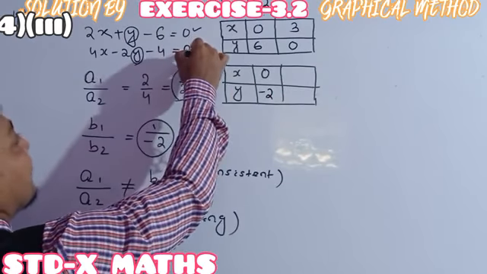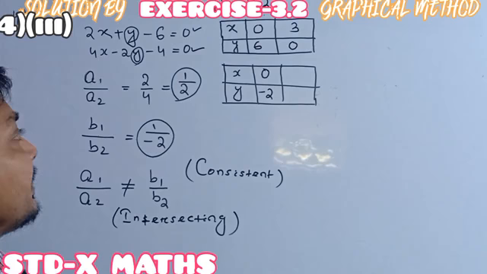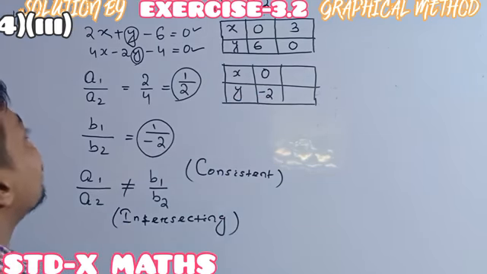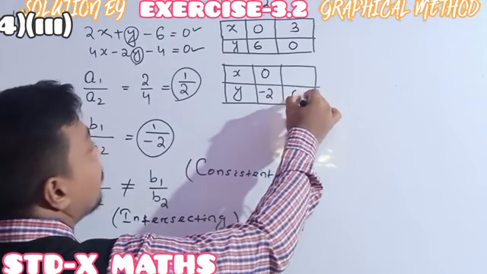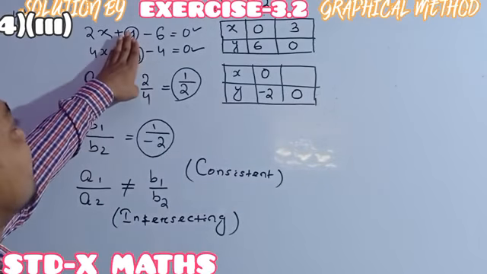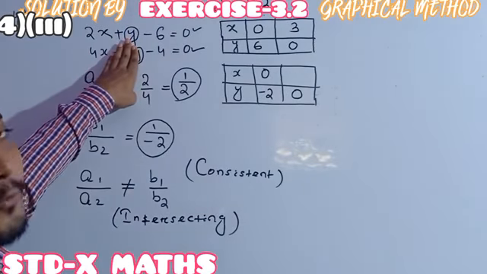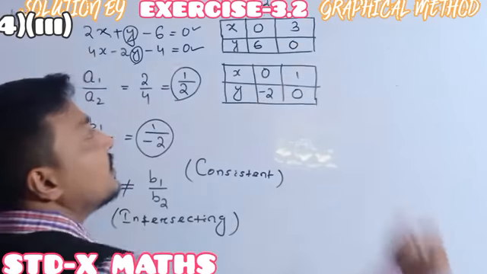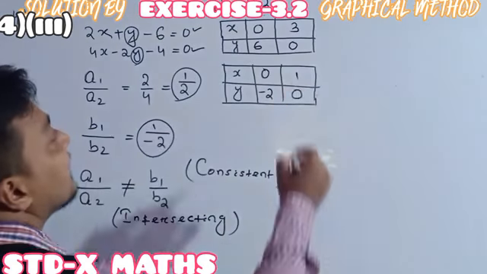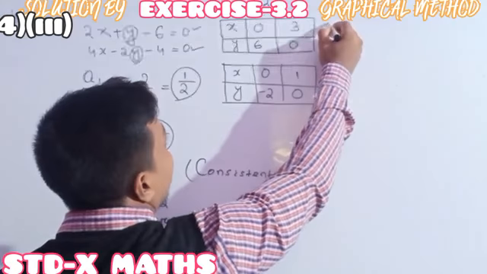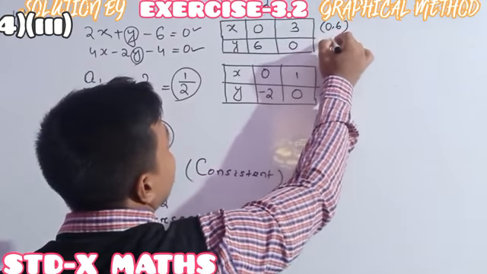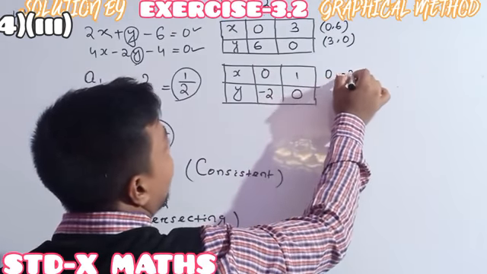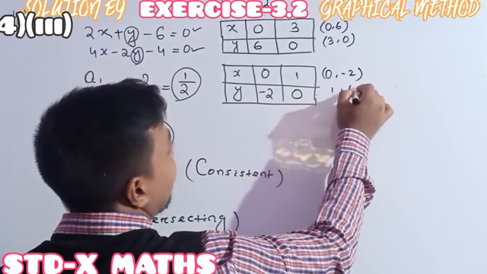The next one is to put y equal to 0. On putting y equal to 0, this term becomes 0 and 4x is equal to 4, which gives x equal to 1. So for the first equation the two points are ready, (0, 6) and (3, 0), and for the second the two points are (0, minus 2) and (1, 0).